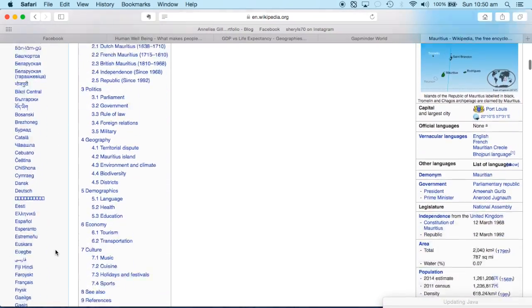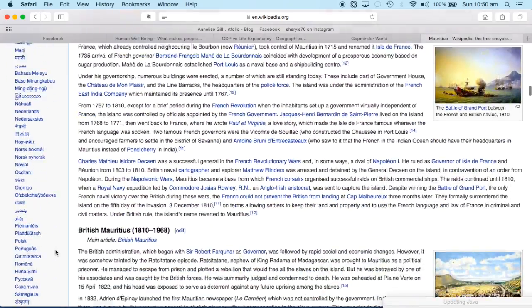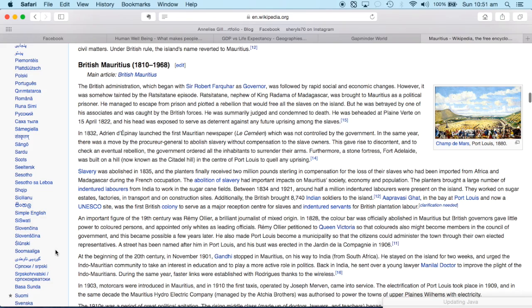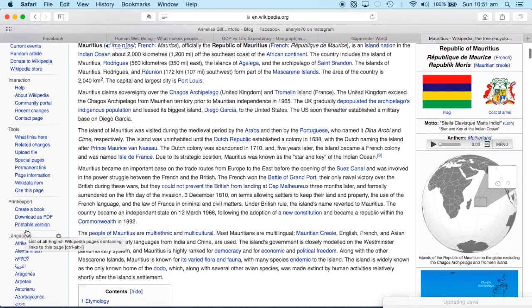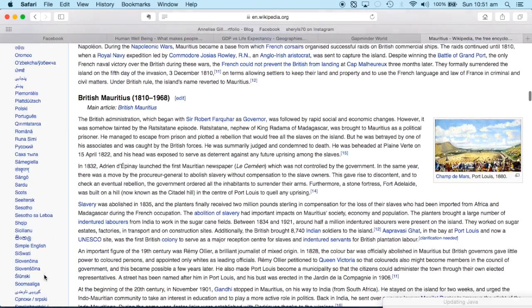Now, the other thing I'll just point out to you, and I'm sort of skimming through this page because I'm looking for something in the languages. Okay, so on Wikipedia, you'll see, and I actually had a student point this out to me because I didn't realise, you'll see down the sidebar there are languages. Now, there's actually one called Simple English.